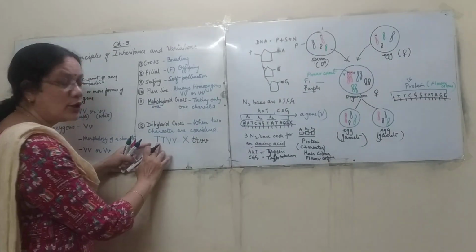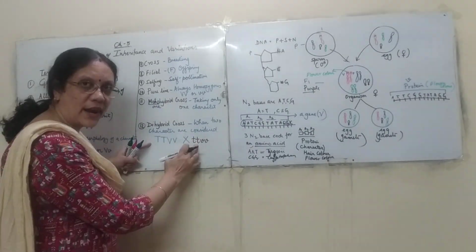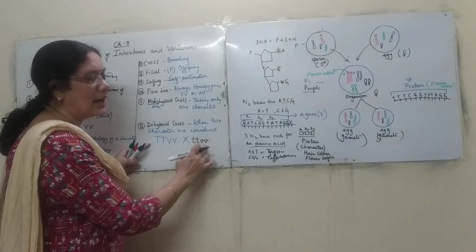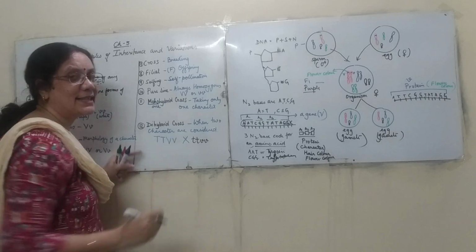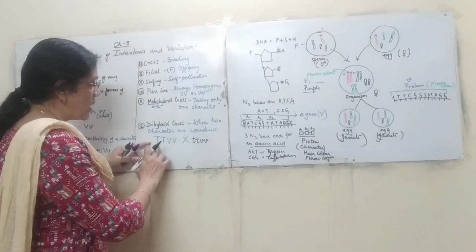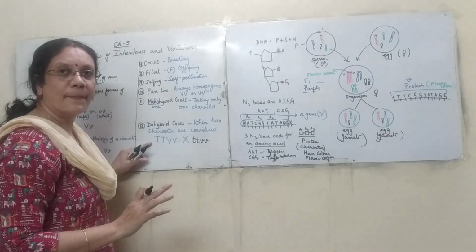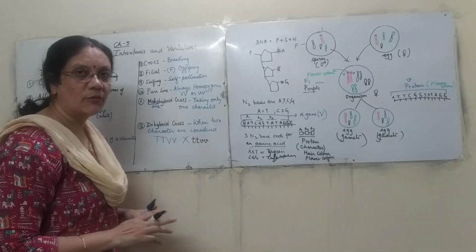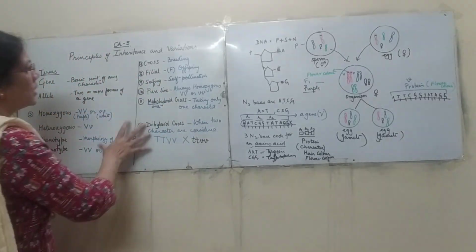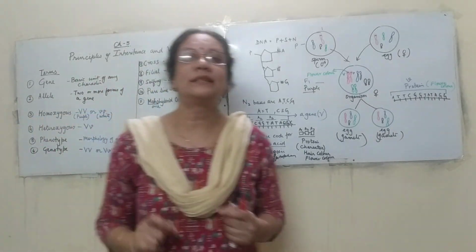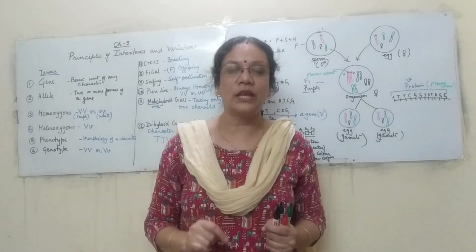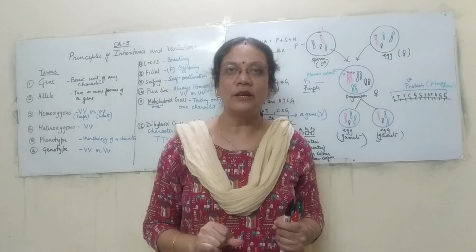So I have taken 2 characters. One is tallness, another is the color of the flower. So that is why it is di. This di stands for 2 characters. So these are some of the points. Please try to understand. Only then you will be able to understand that question and then solve the monohybrid and the dihybrid crosses.